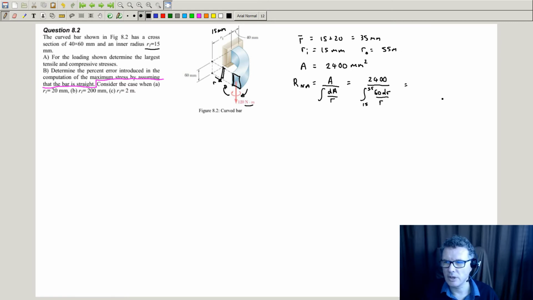Right, so let's solve that. 60 into 2,400 becomes back down to 40. Integrate the 1 over R, so that would be natural log 55 over 15.